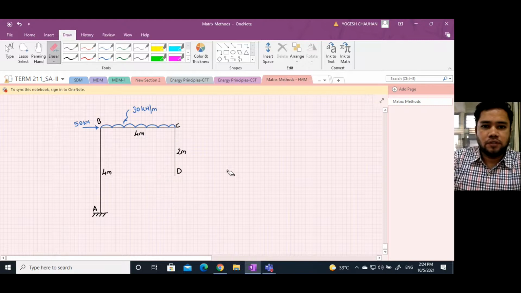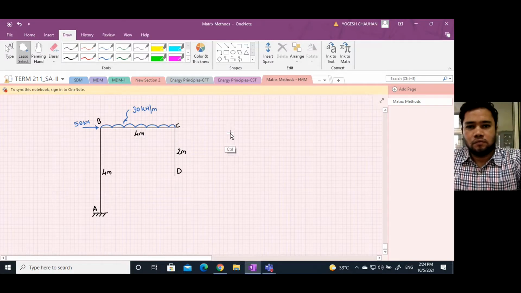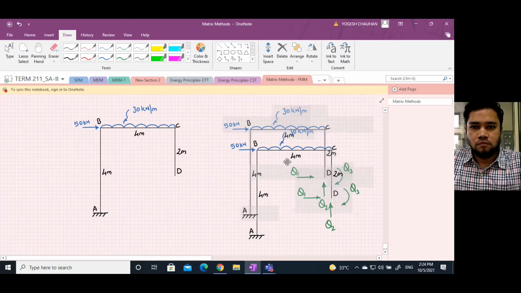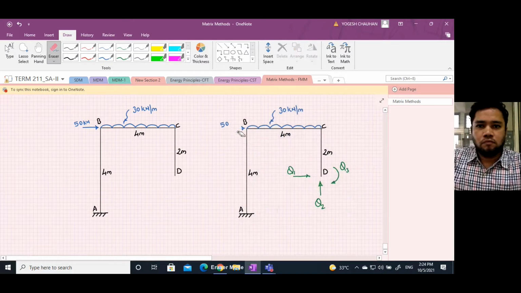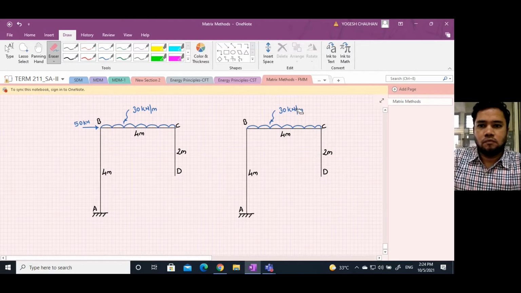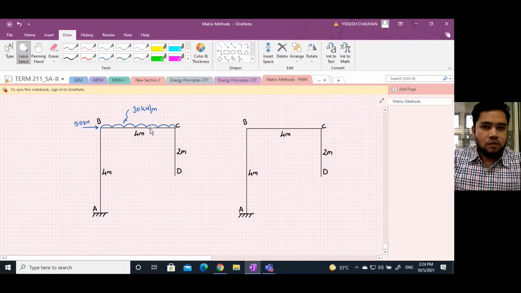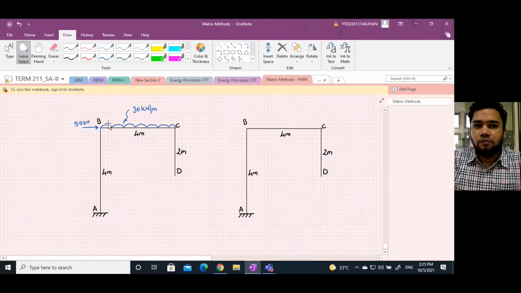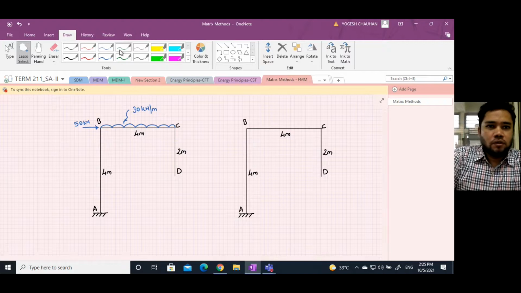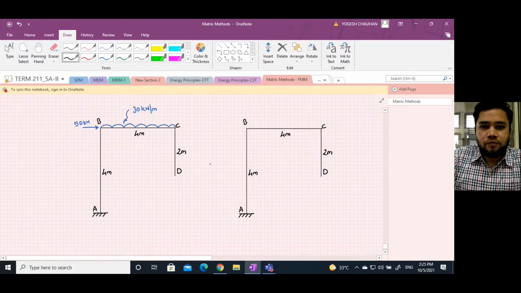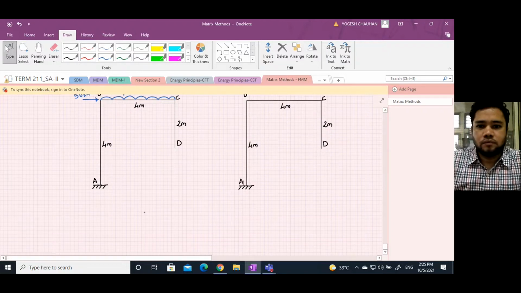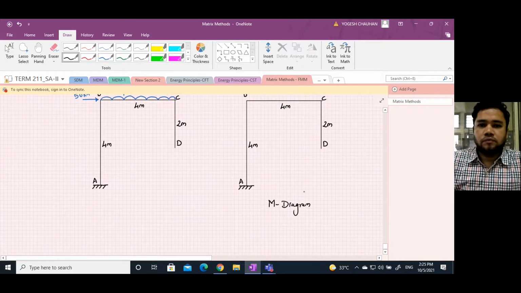For this structure, you find the bending moment diagram for the given loading. This will give you the capital M diagram.